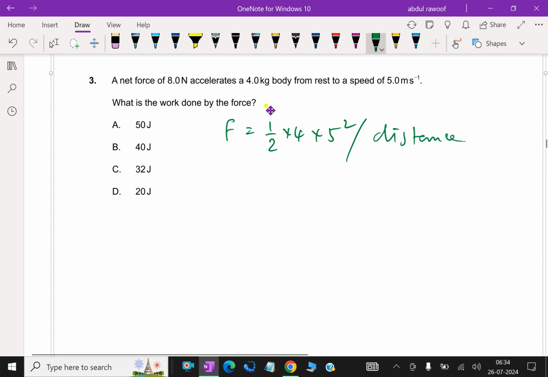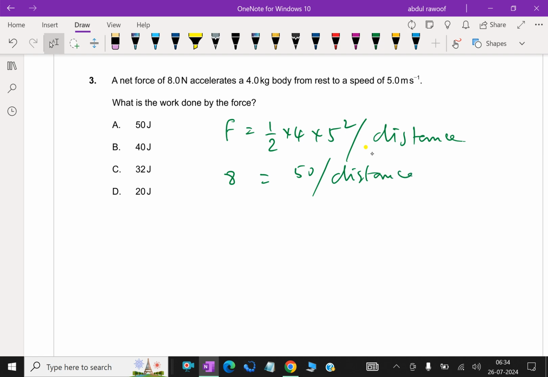That is force into distance equal work done. That is here F equal to half into mass into velocity square by distance. And here 8 Newton is the force given. Here it is 50 over the distance.